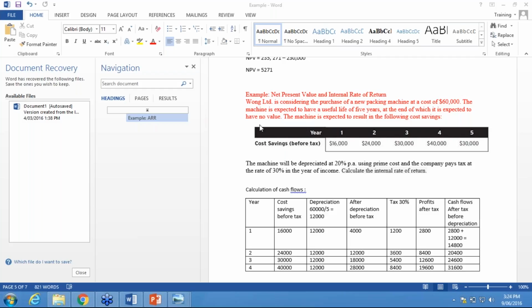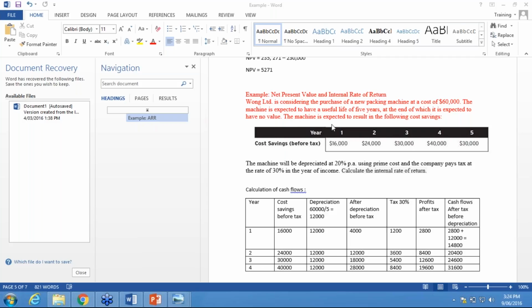In this example, Wong Limited is considering the purchase of a new packing machine at a cost of 60,000. So your outflow, your outlay, your original investment is 60,000. The machine has a life of 5 years, at the end of which it is expected to have no value. That means no scrap value, no salvage value.